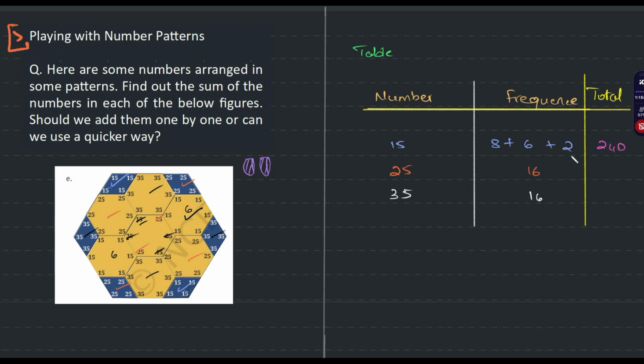Then 25 into 16, 400. 35 into 16, 560. Right? And then I'll add them up. So 5, 5, 10, 1, 2, 0, 0. Okay, again, you guys can do it in any manner. This is my idea, that's it.